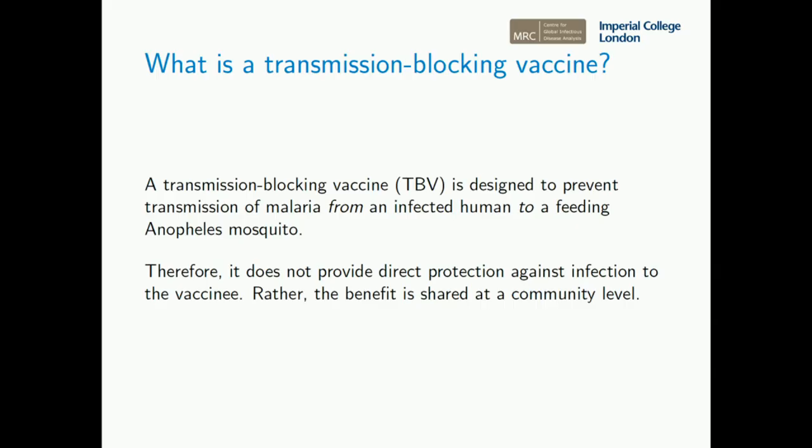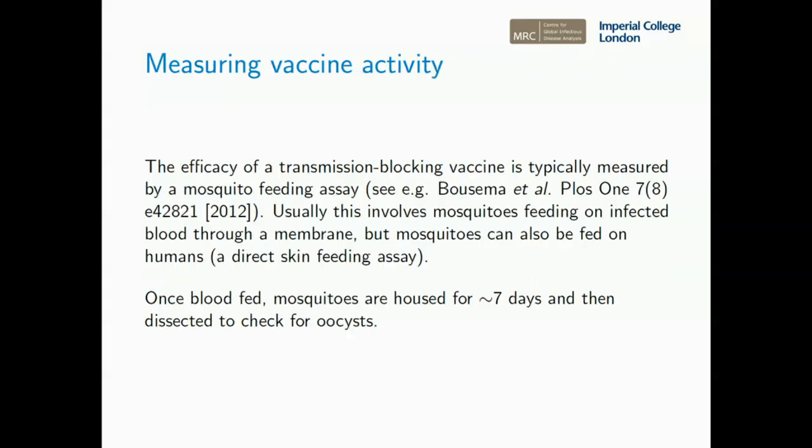As we've heard from Camila, a transmission blocking vaccine prevents transmission from a human to a mosquito. So it's not giving direct protection to the vaccinee, but rather the idea is to develop a community level benefit. Typically the efficacy of a transmission blocking intervention is assessed by a mosquito feeding assay.